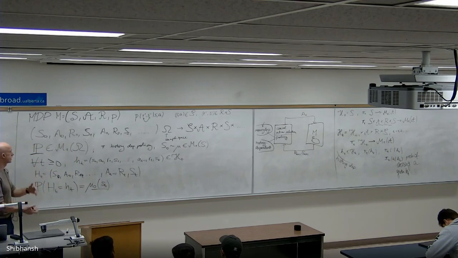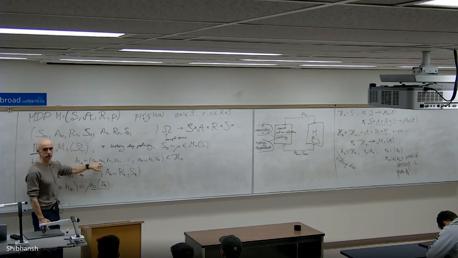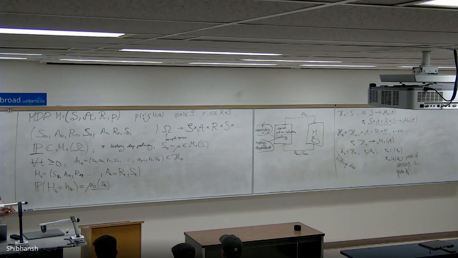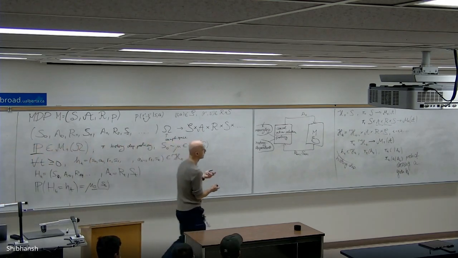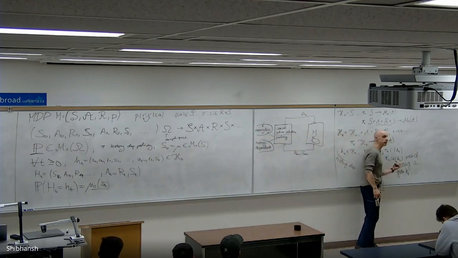So next thing, what's in the history? This action. What's the probability that capital A0 is equal to little a0? What should that be? Well, for that, we have a policy that takes care of that, right? And so the policy is the one that's computing these probabilities that you're going to get for various histories.